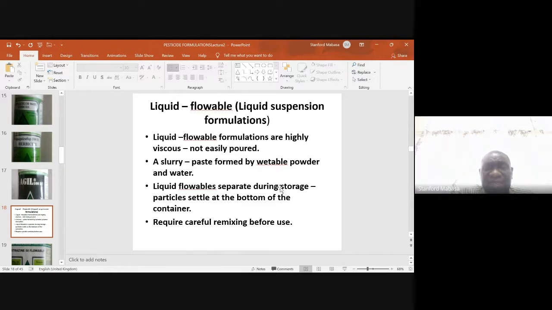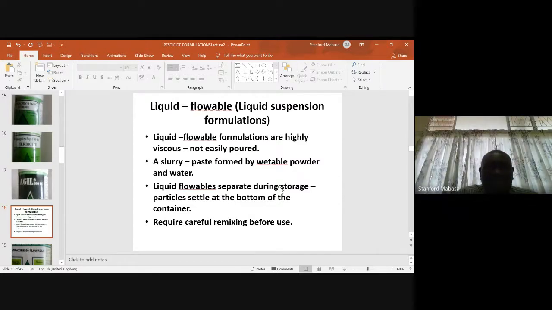You have a slurry or a porridge-like stuff in the container, which is a paste formed by wettable powder and water. So it's like a porridge thing or a slurry.